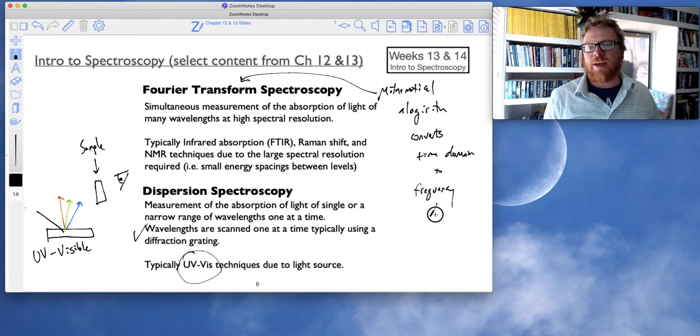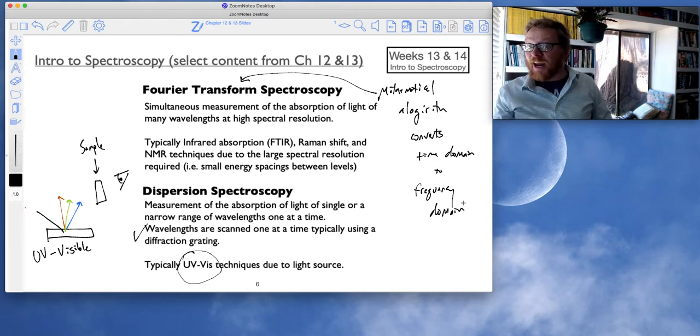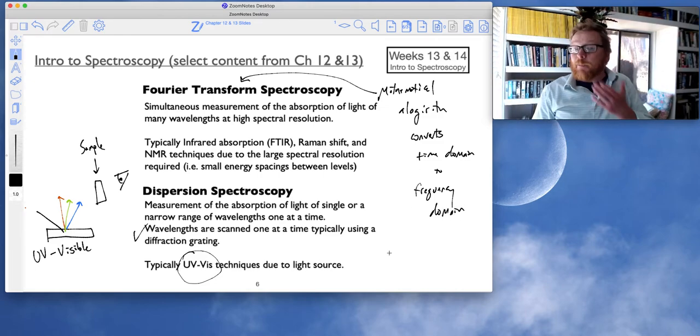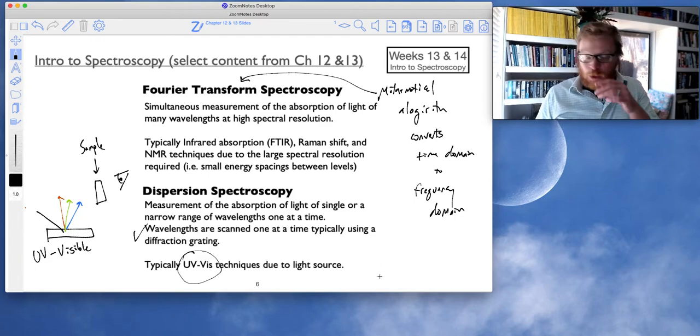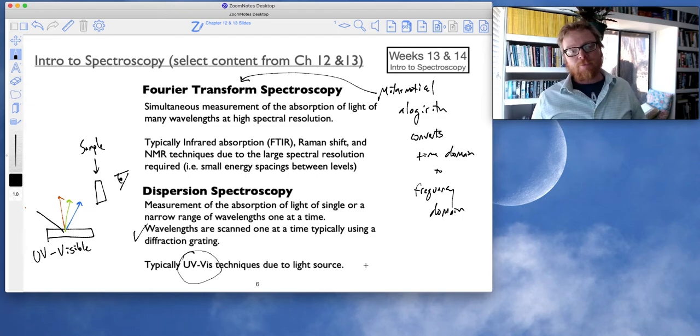And that's convenient. By domain, I'm talking about my range of values. That's convenient because if we think about things in terms of frequency, we can easily convert that frequency into a wavelength, which is what we're interested in spectroscopy.